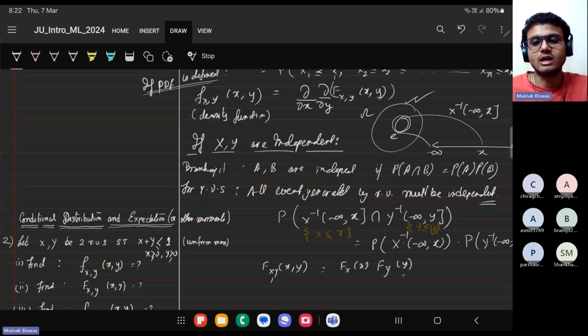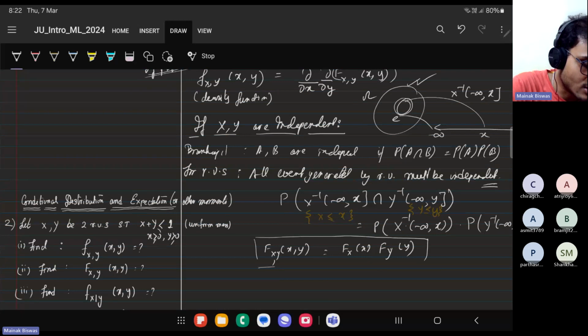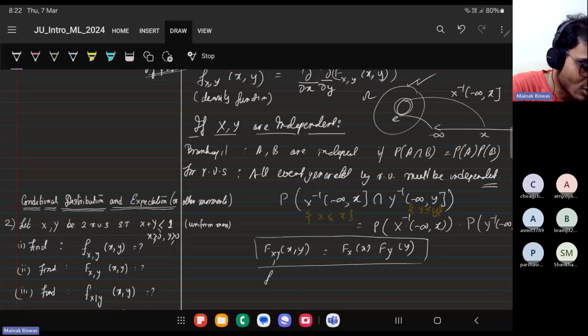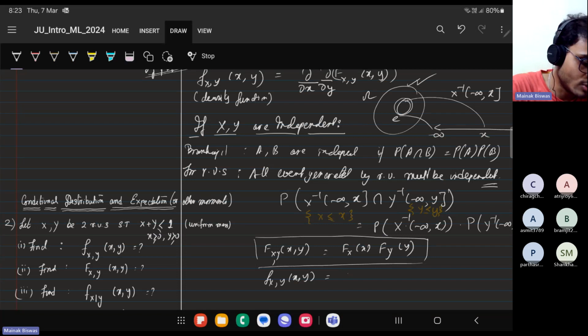So Oshmit, now tell me, how will your CDFs look? How will your PDFs look? So you see, your CDFs will by definition product out, right? How will your PDFs look? Yeah, Oshmit, tell me. So Oshmit told me the definition of how to convert CDF to PDF.